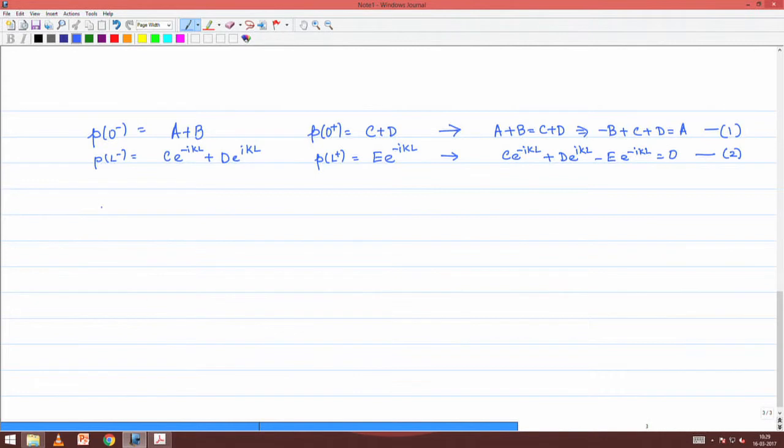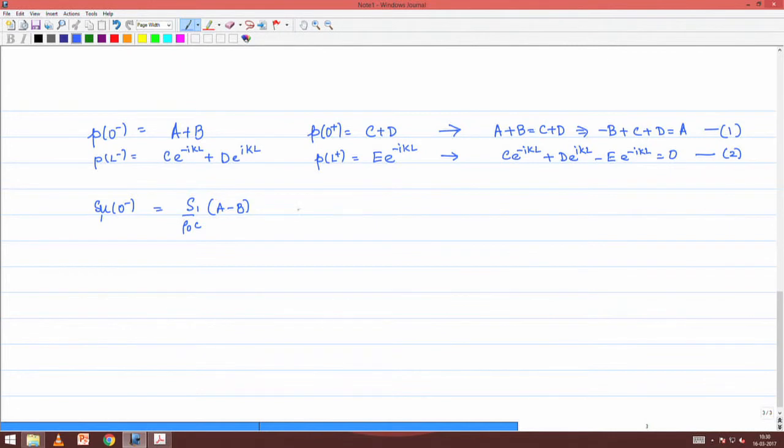Let us look at the third equation, u at 0 minus. How much is that? A by rho naught C minus B by rho naught C. I can as well take the rho naught C outside. Let me write it in a neat way: 1 by rho naught C into A minus B, and that should get multiplied with the area, which is S1. So, S1 into u 0 minus reads as this condition.